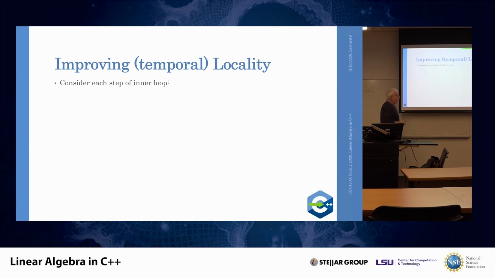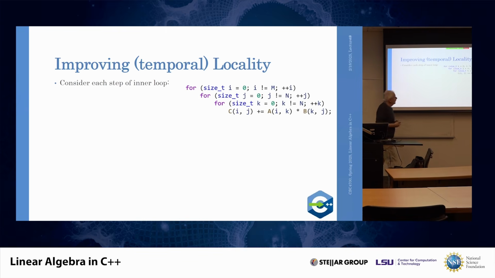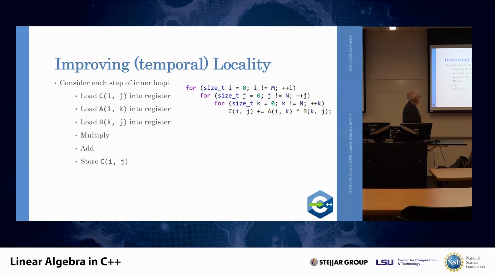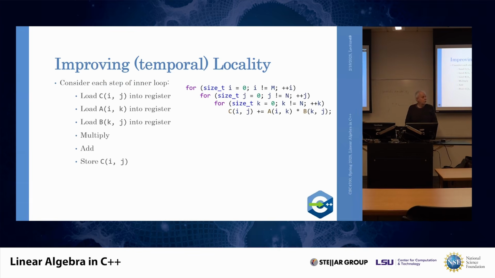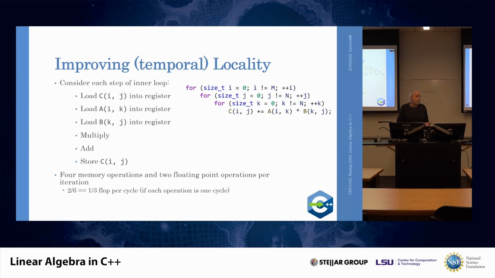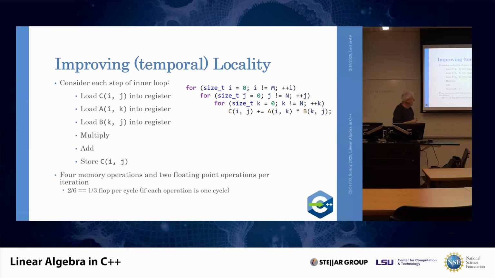So, what can we do with that information? Here's our algorithm we had. If we look at the innermost loop, what does it do? It loads C[i][j], it loads A[i][k], it loads B[k][j], then it multiplies, then it adds things, and then it writes that C[i][j] back to the memory, right? This is what this code is doing. So we have 4 memory operations, 1, 2, 3, 4, and 2 floating point operations.